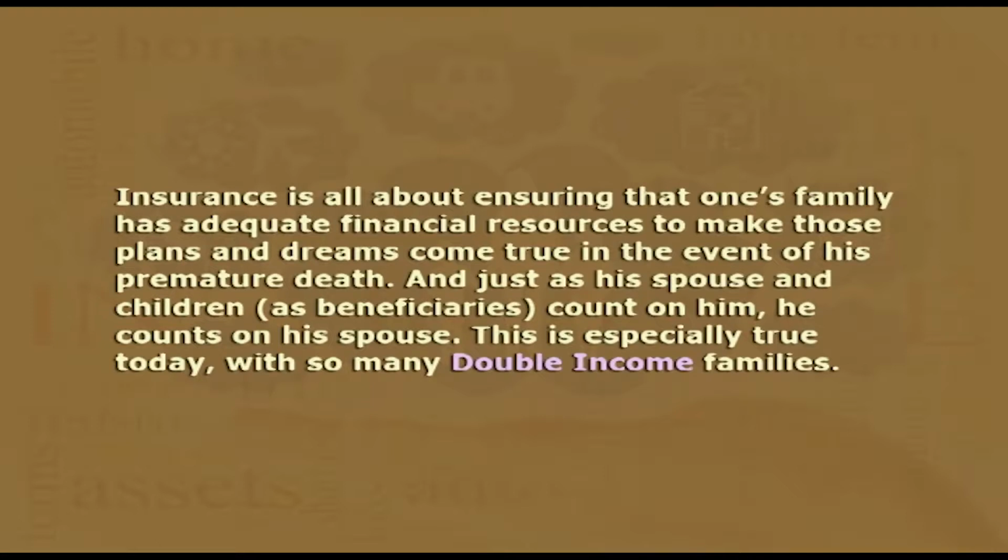Insurance is all about ensuring that one's family has adequate financial resources to make those plans and dreams come true in the event of his premature death. And just as his spouse and children as beneficiaries count on him, he counts on his spouse. This is especially true today with so many double income families.